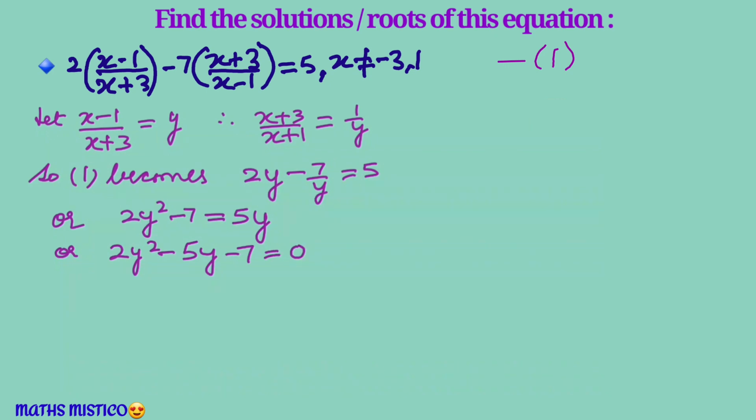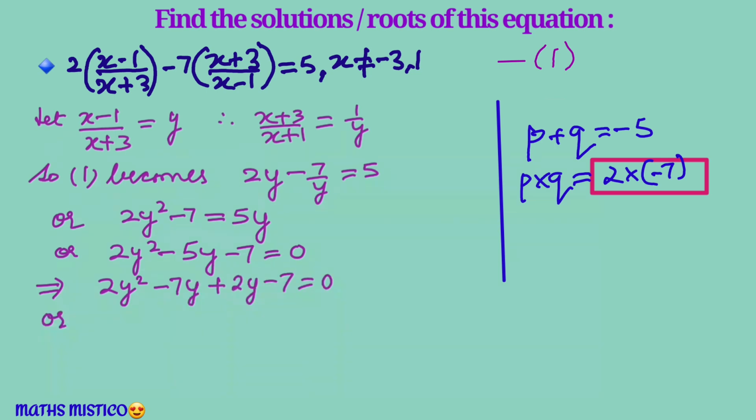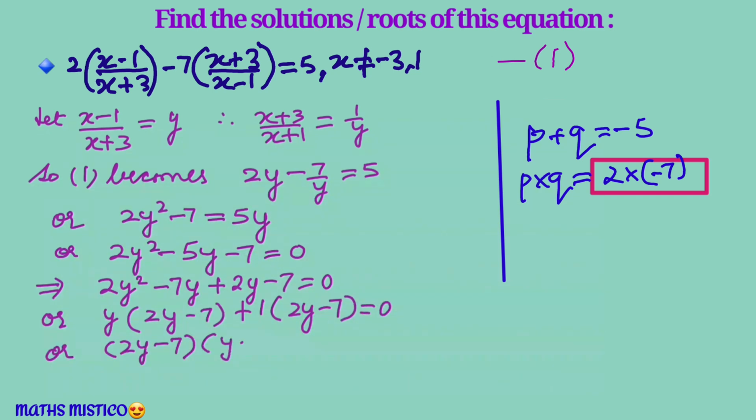Now as it has been reduced to standard form, we can use splitting the middle term to simplify it. Minus 5y will be replaced by minus 7y plus 2y. Taking common, we get y into 2y minus 7 plus 1 into 2y minus 7 equal to 0, or 2y minus 7 into y plus 1 is equal to 0.